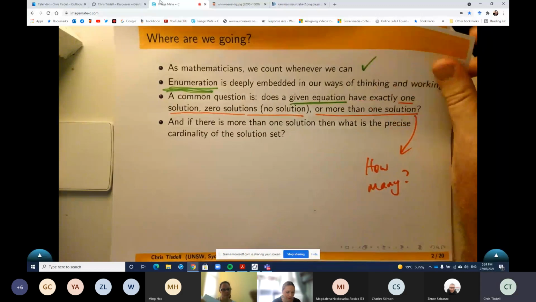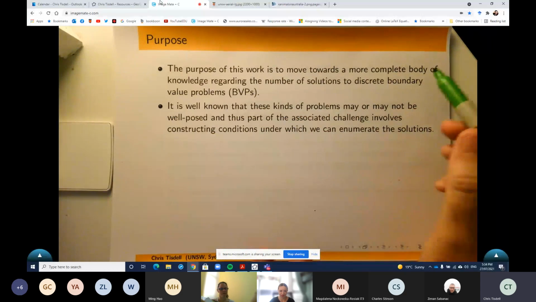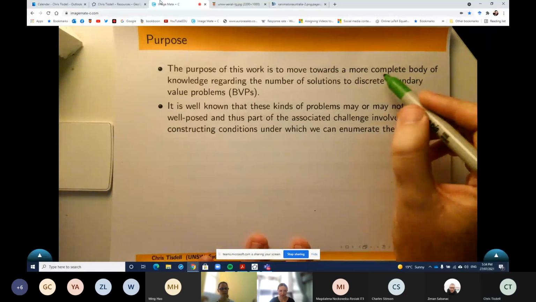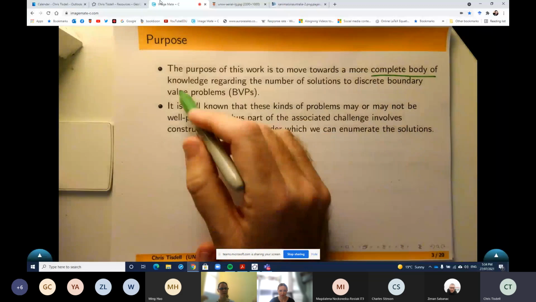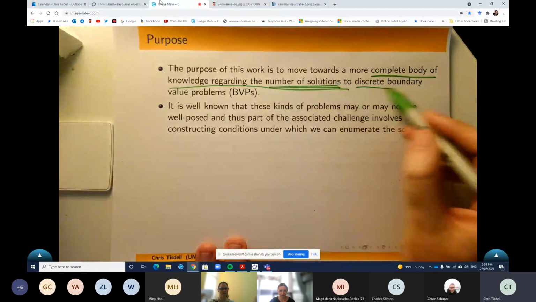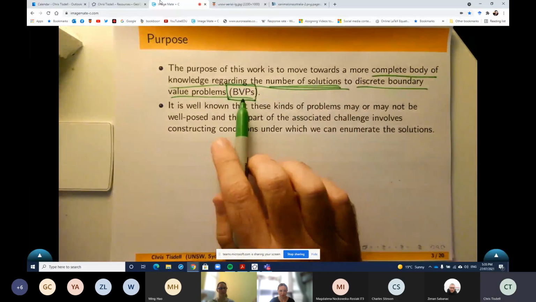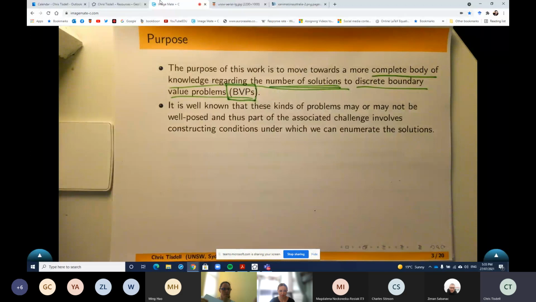I'm going to try to add some knowledge regarding the number of solutions to discrete boundary value problems, and I'm going to use the standard abbreviation, BVP. It's not hard to construct a problem that has no solution, or one solution, or an infinite number of solutions.